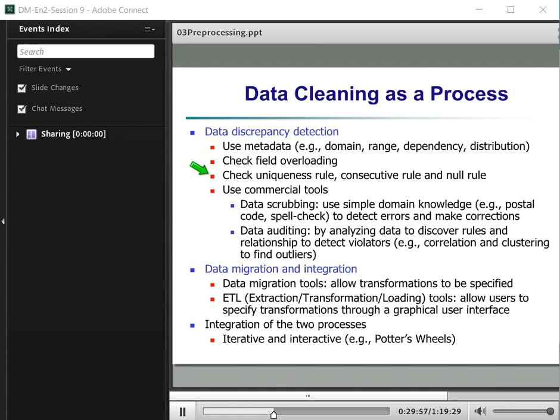So checking field overloading can be useful. Maybe I should check the business rules. Some rules are affected together. Some rules are related together. Some rules are unique. Rules must be unique.